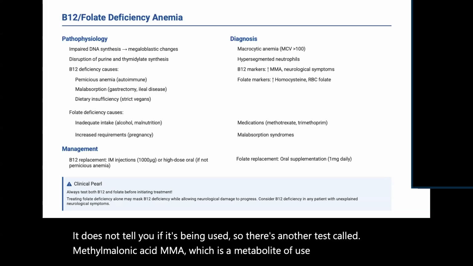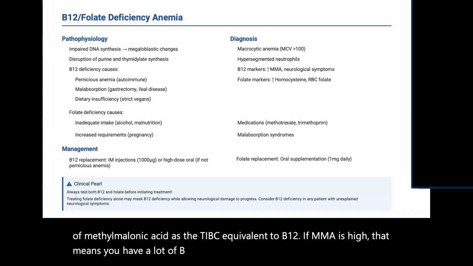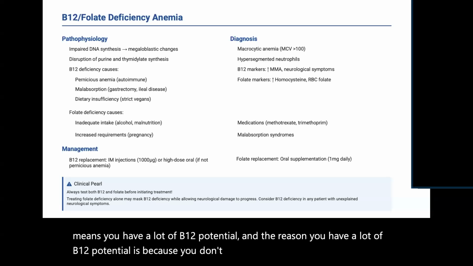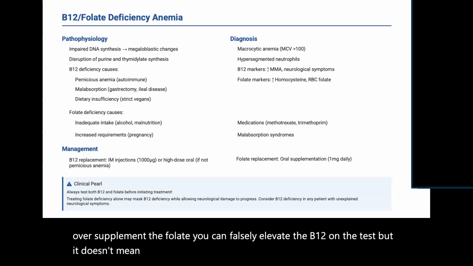You want to think of methylmalonic acid as the TIBC equivalent to B12. If MMA is high, that means you have a lot of B12 potential. And the reason you have a lot of B12 potential is because you don't have enough B12. The other thing is if you oversupplement the folate, you can falsely elevate the B12 on the test, but it doesn't mean you're actually having enough B12.